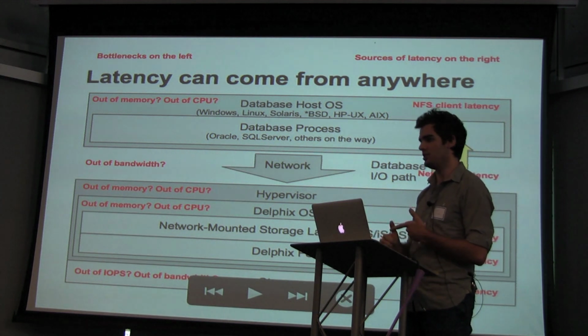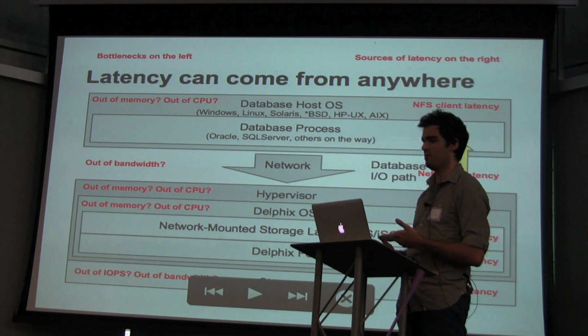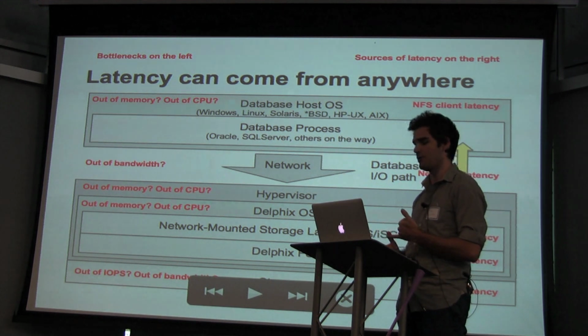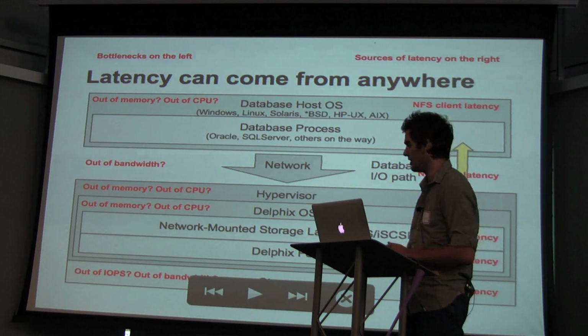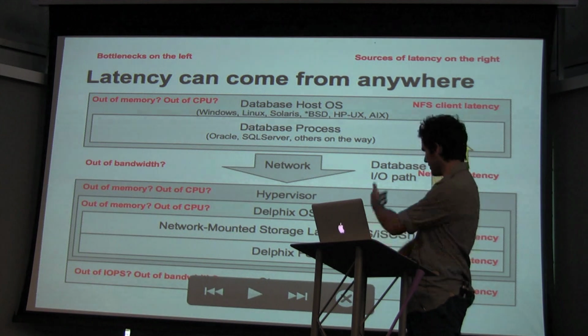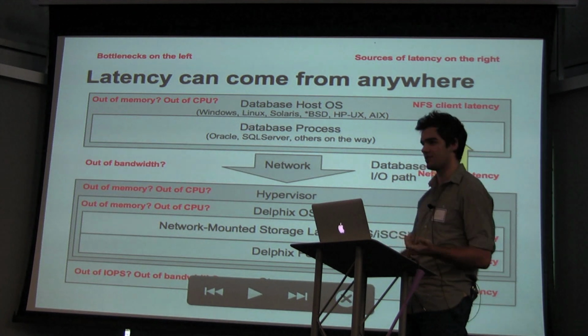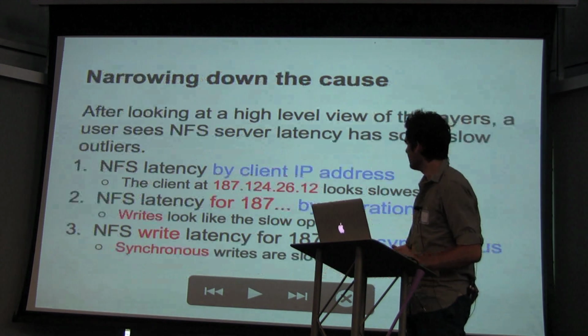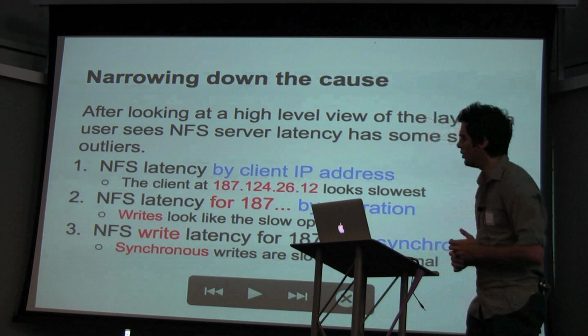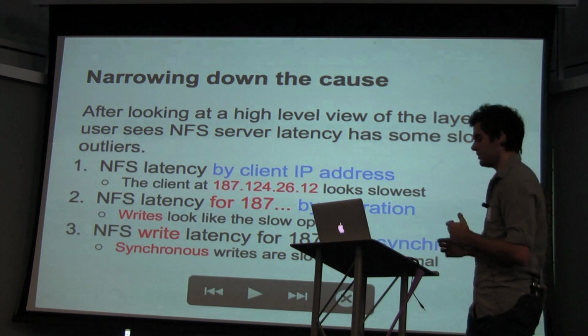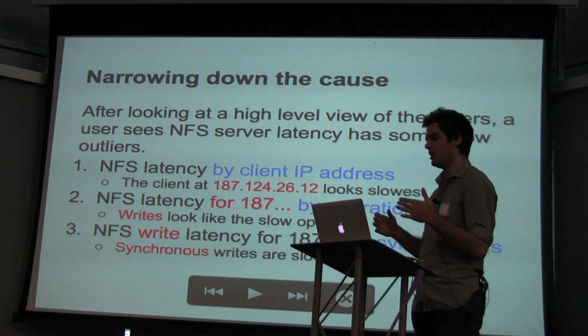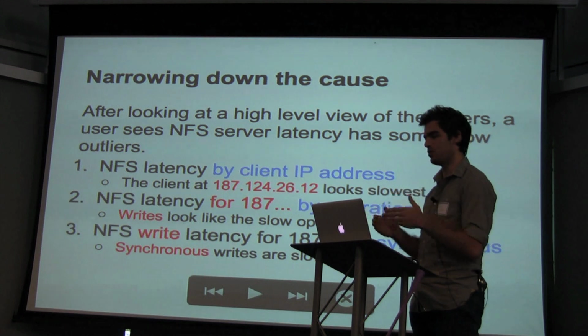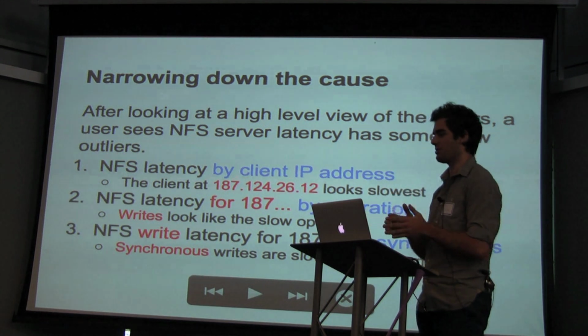You have paths for reads, paths for cache reads, paths for writes, paths for synchronous versus asynchronous writes, and so on. In here, we're even using NFS and SMB, so you'll have paths for both of those. Anyway, you get the point. So what you need to be able to do is somehow limit the number of things you're looking at to figure out where the actual problem is coming from.